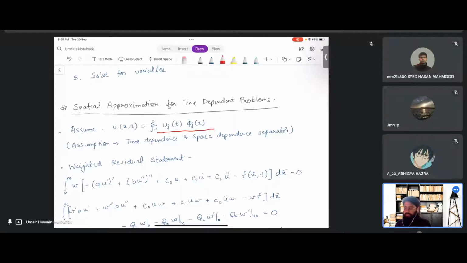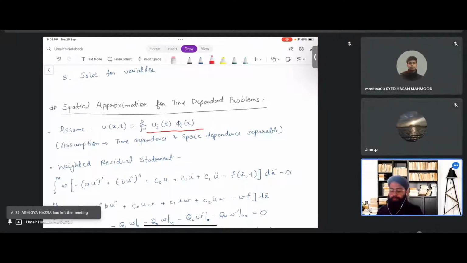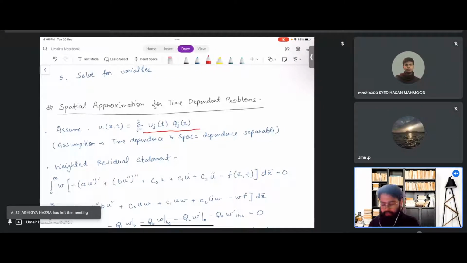In some places it doesn't work very soundly, but there also we get approximate results. So we can make this approximation comfortably. We assume the shape function to be purely a function of space, and our nodal values of the solution variable to be a function of time.